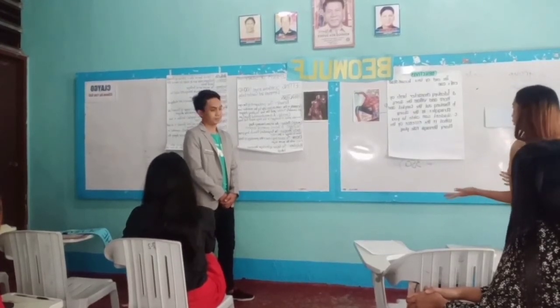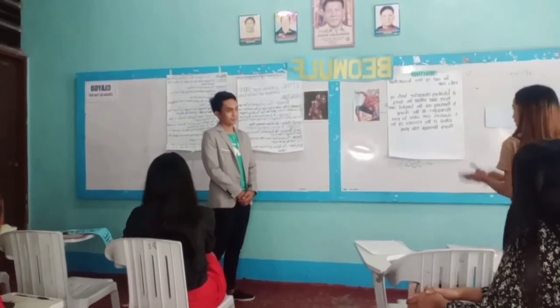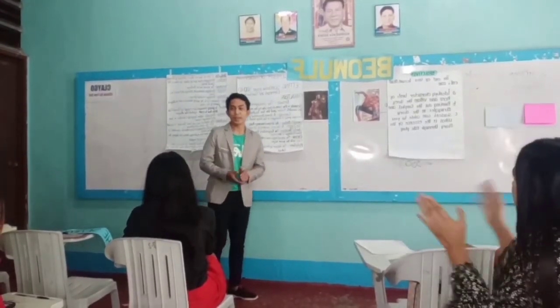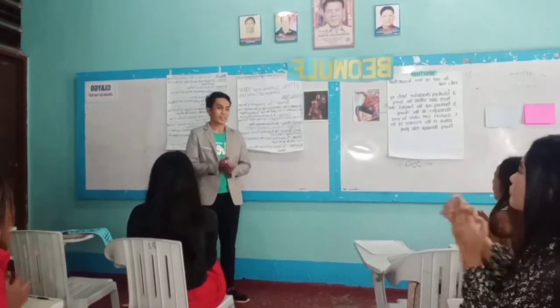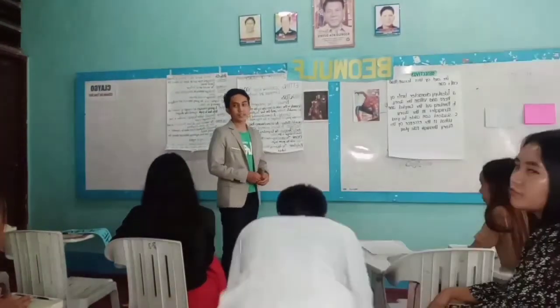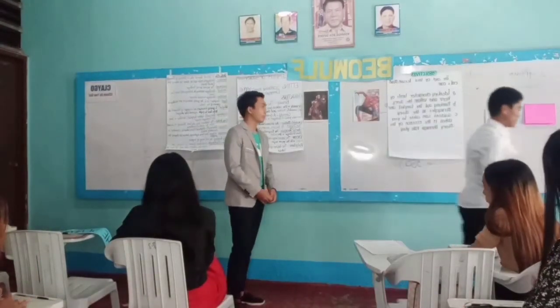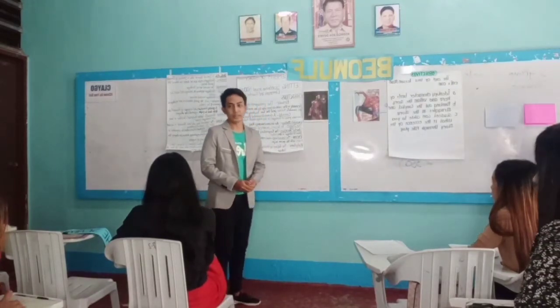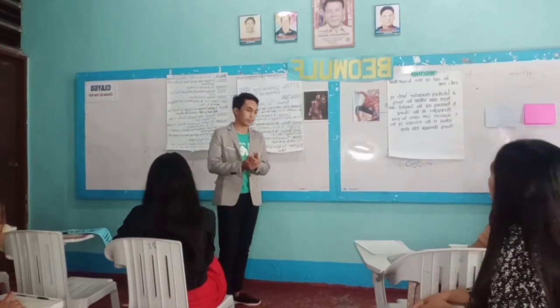The third person narrates and tells the story about others. That's all. Okay, give her a hand, please. You have a nice and excellent answer: the three types of point of view are the first person, the second person, and the third person.